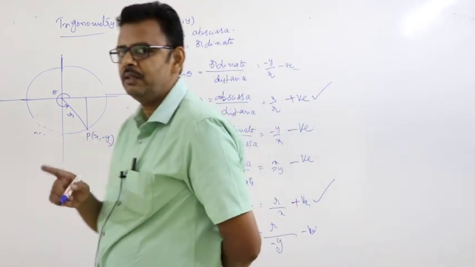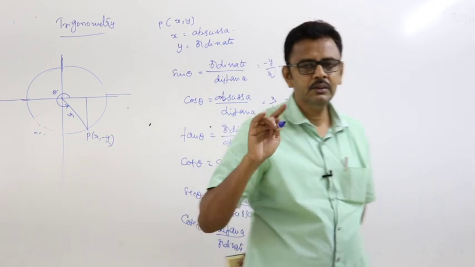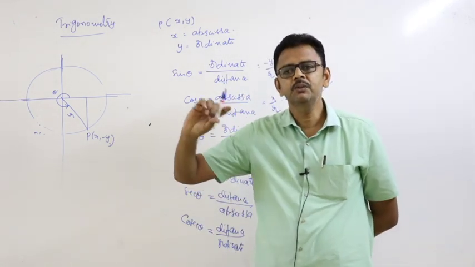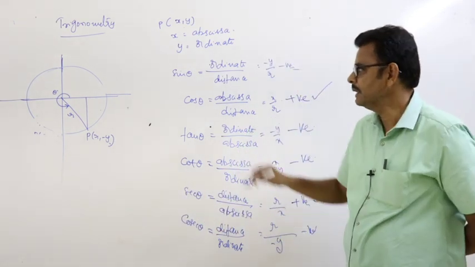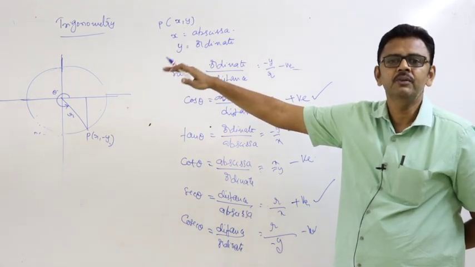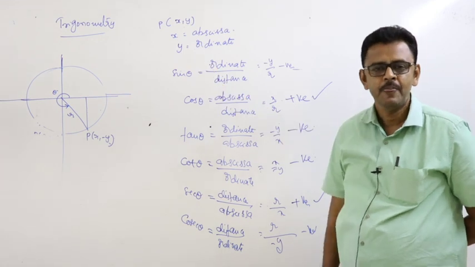So, all silver teacups. In the first quadrant all trigonometric ratios are positive. Why are they positive? The x coordinate is positive, the y coordinate is positive, both are positive. The six trigonometric ratios are defined in terms of abscissa, ordinate and distance.